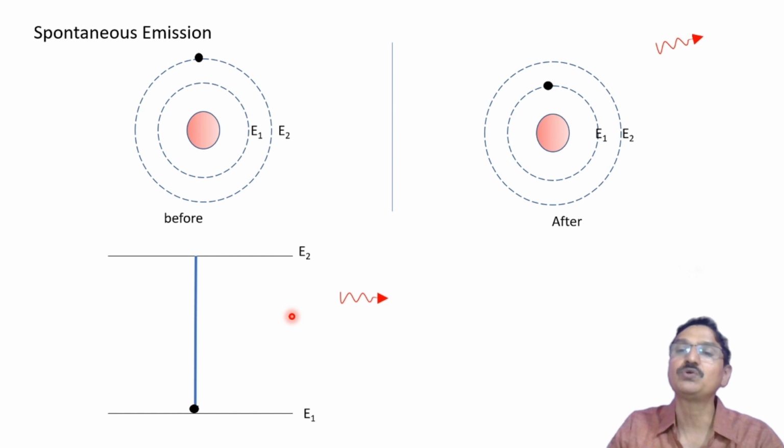So emission of such photons is at random time and in random direction. The photons emitted by different atoms will be incoherent. They will not be in phase. So such spontaneous emission is of no use for laser action.